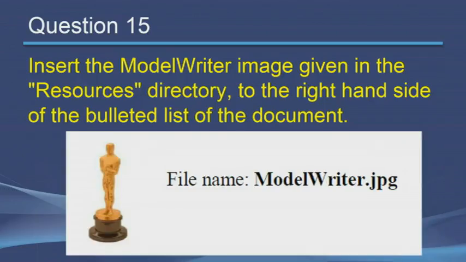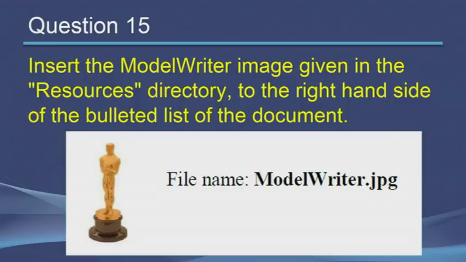The final question, the 15th question, is: insert the ModelWriter image given in the resource directory to the right hand side of the bulleted list of the document. Normally in the question paper, we give the image that we need and also provide the name of the image. Here the image name is ModelWriter.